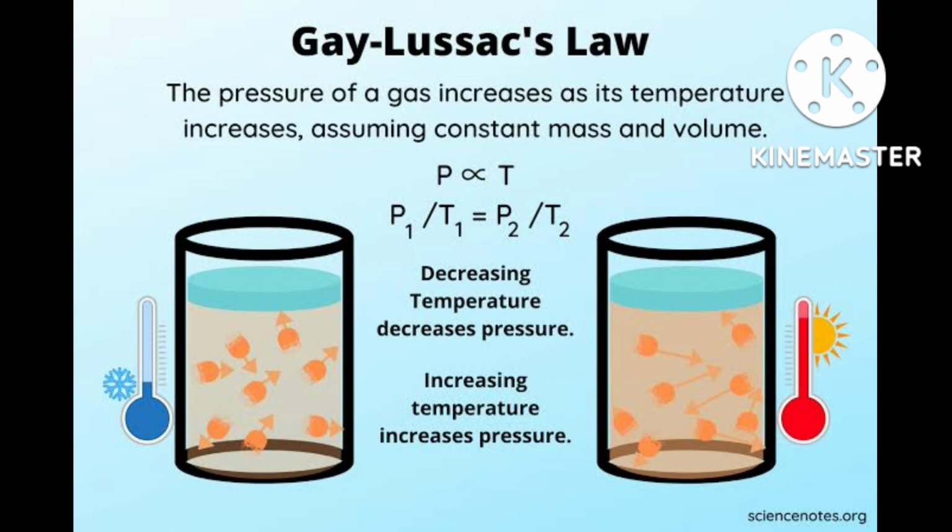By cross multiplication you will get V2 is equal to V1 into T2 divided by T1. Now put the values: V1 is equal to 2 liter, T2 is equal to 299.1 Kelvin and T1 is equal to 296.4 Kelvin.